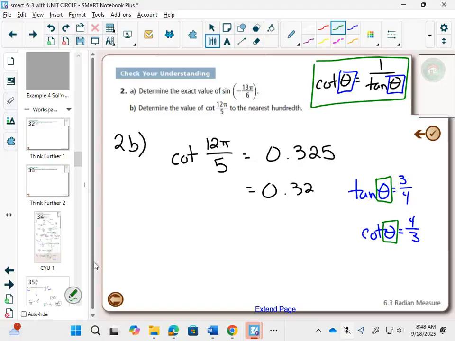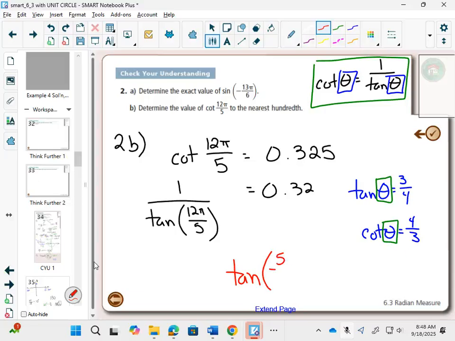A mistake that often happens here, and I'll just write it out the right way to do it. This would have been the right way to do it. But the number one mistake I see students do is they don't do 1 over tan, and instead they write this. And this is the thing you have to realize about multiple choice questions in math.